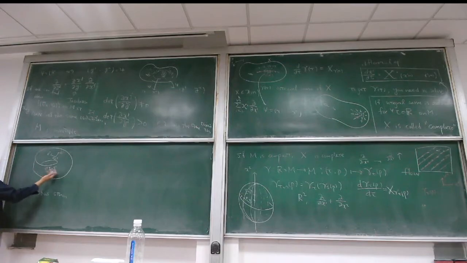Okay? And then go around to here. At the end of the day, what you will get is E1 and E2, and the normal direction is the opposite, so it points towards the blackboard.